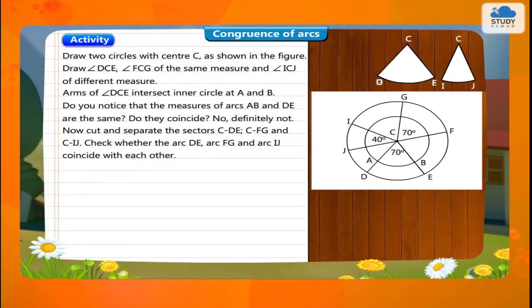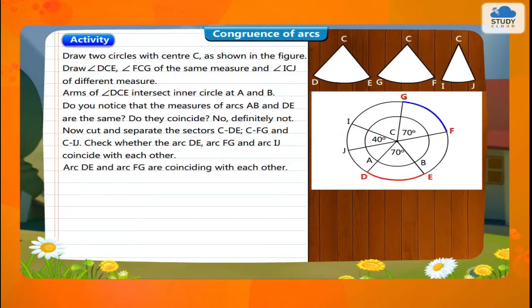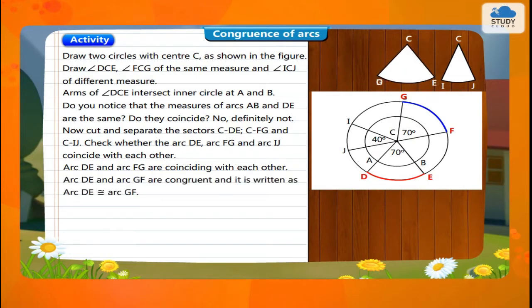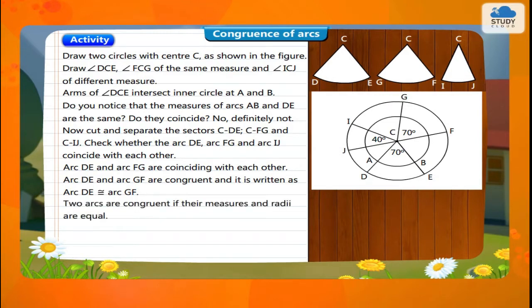Check whether arc DE, arc FG and arc IJ coincide with each other. Arc DE and arc FG coincide with each other. Arc DE and arc GF are congruent and it is written as arc DE is congruent to arc GF. From the activity we notice that two arcs are congruent if their measures and radii are equal.